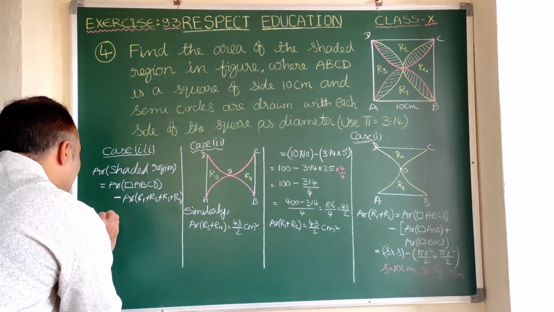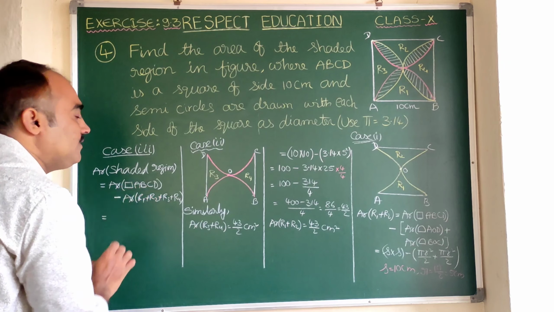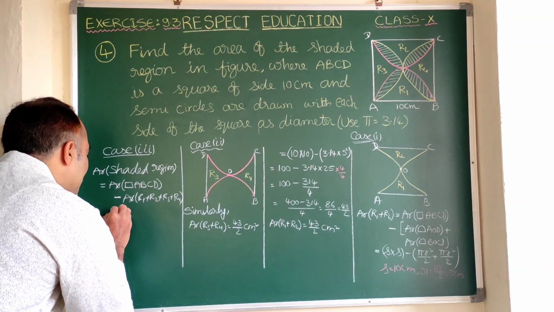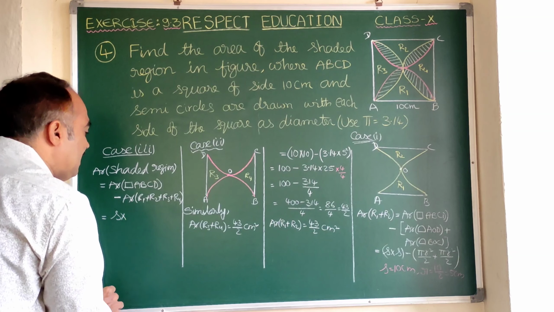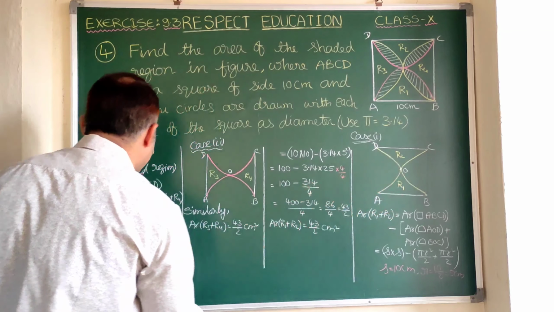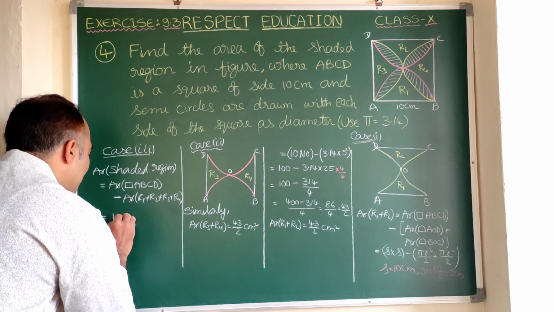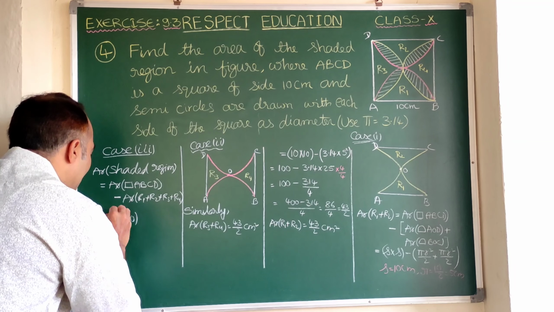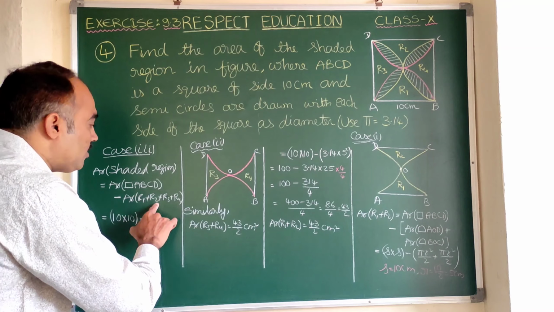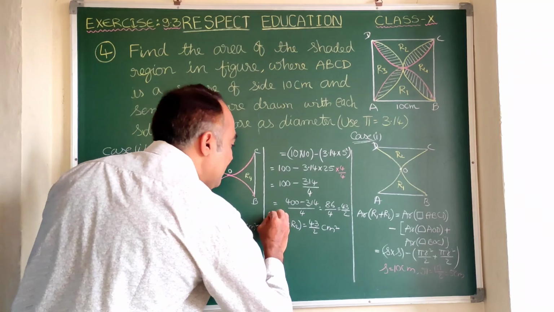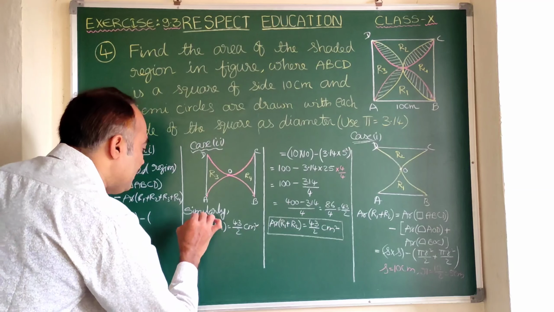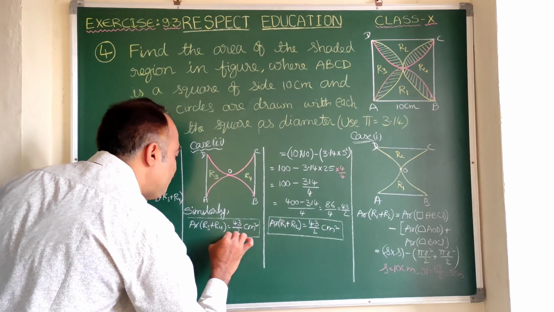So here let us write area of square, already we know S into S, side into side. So that is 10 into 10. So it is 10 into 10 minus area of R1 plus R2 plus R3 plus R4. Here we got area of R1 plus R2, and here we got area of R3 plus R4.